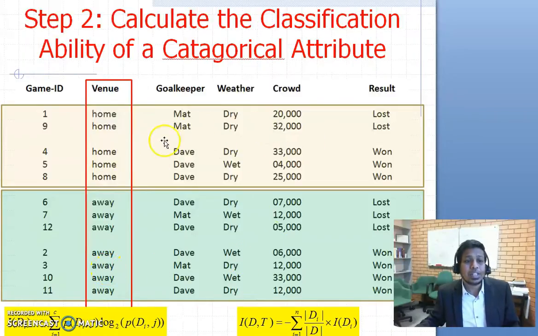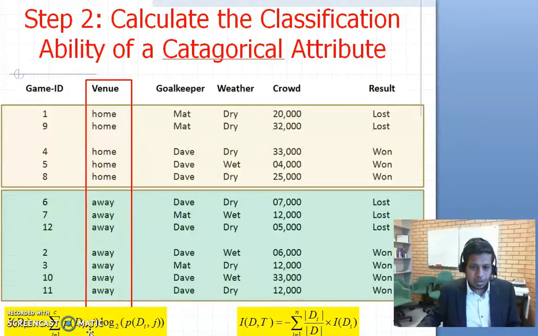And then within each horizontal segment, it calculates the entropy of the class value. It does that through this equation, and there are many measures of such uncertainty.